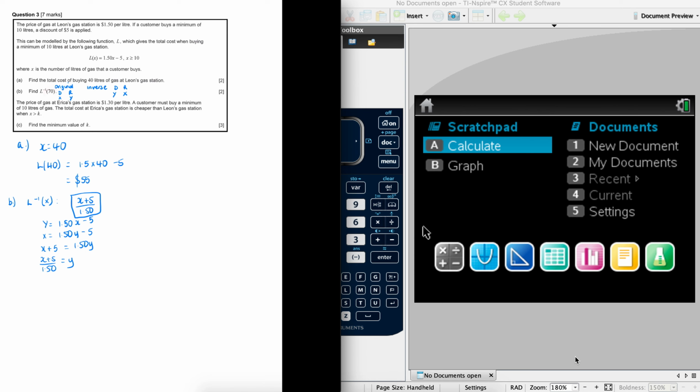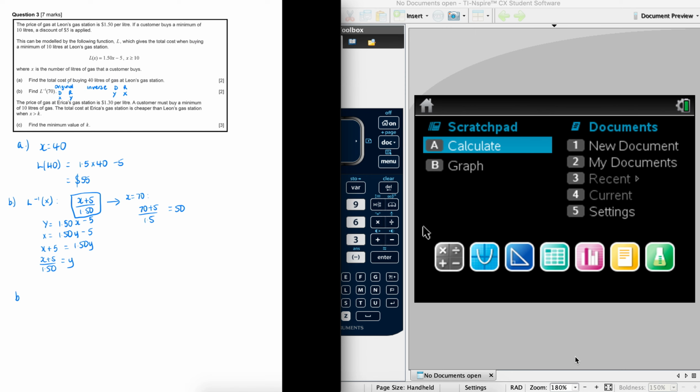We want to find the inverse function when the x value is 70, so we substitute in x is 70. So we have 70 plus 5 over 1.5, and that gives me 50. The other method is to swap round the domain and the range when you do the inverse, so we're just substituting a range or y value of 70 into the original function.